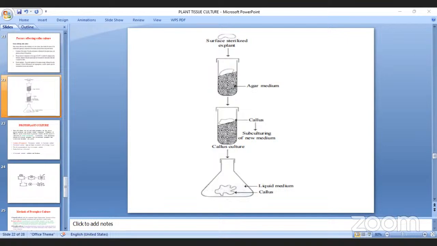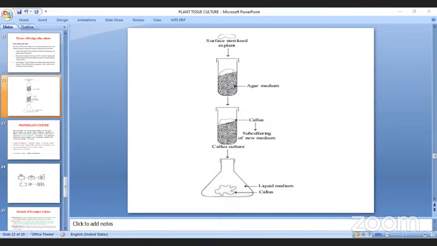The rest of the process means the steps also: in cell culture also we select the explant, and after that, production of callus. But here one difference is that after production of callus, the callus is introduced into a conical flask and transferred to orbital shakers. Due to the shaking, the callus cells separate.